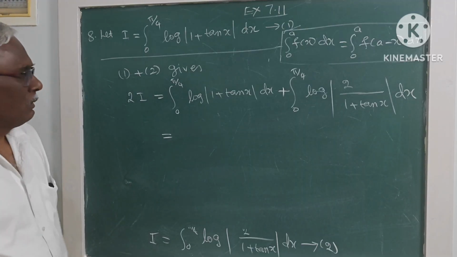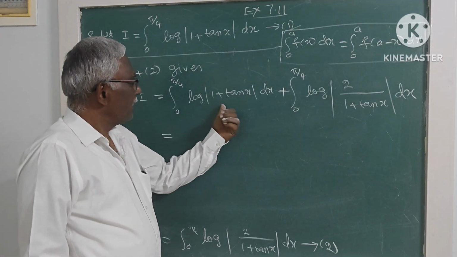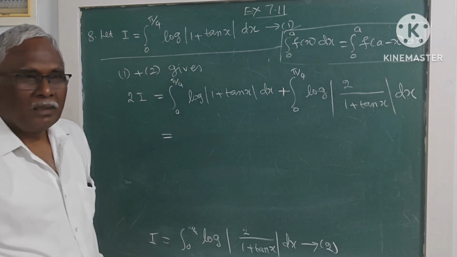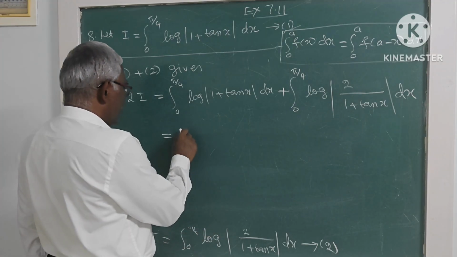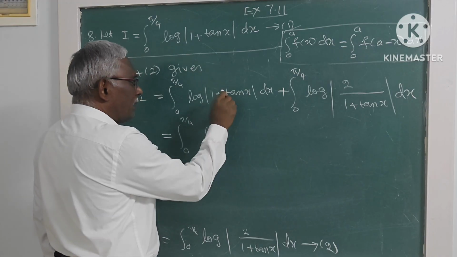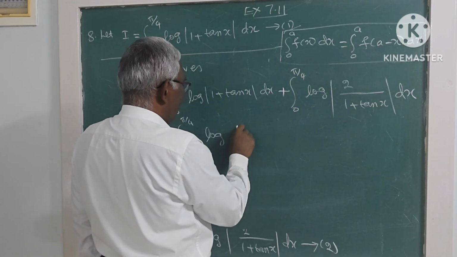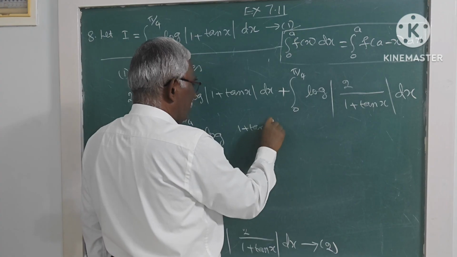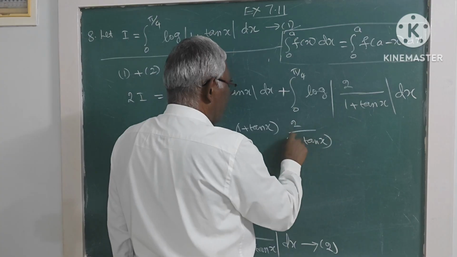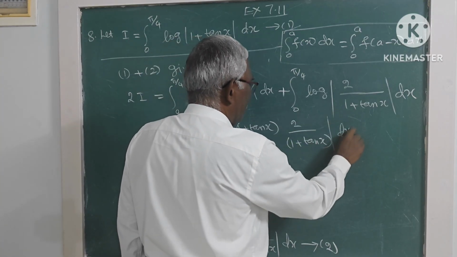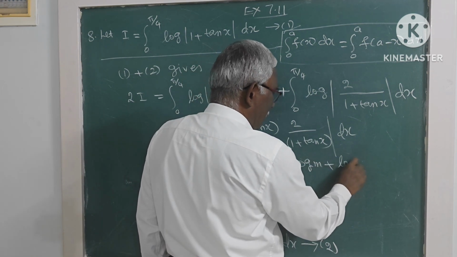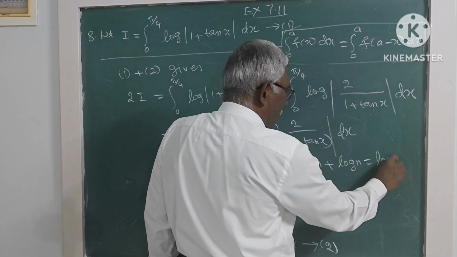What can we do now? See the form log m plus log n. What is log m plus log n? Log mn. So we can write this as integral 0 to pi by 4 log of mn, that means (1 plus tan x) into (2 by 1 plus tan x) dx, using the property log m plus log n is equal to log of mn.